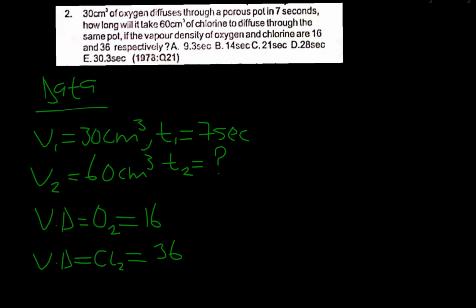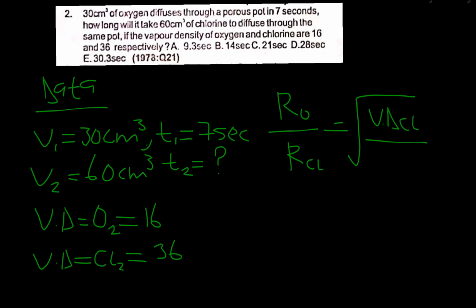Now the formula to make use of here is rate of reaction of oxygen over rate of reaction of chlorine equals the square root of the vapor density of chlorine over the vapor density of oxygen.